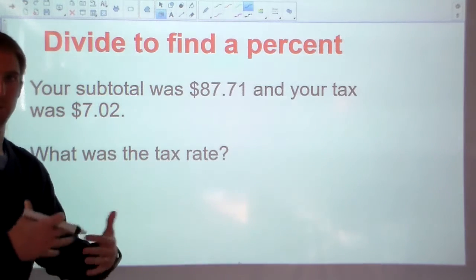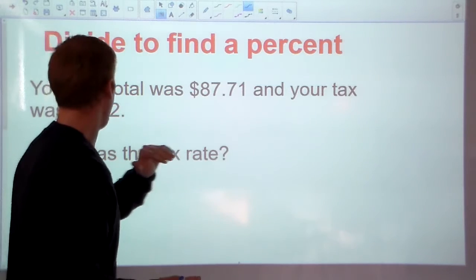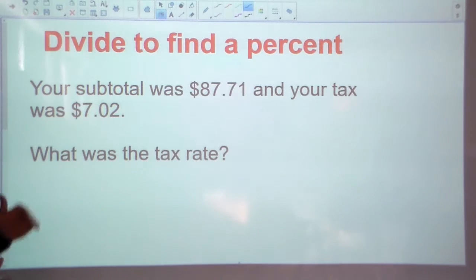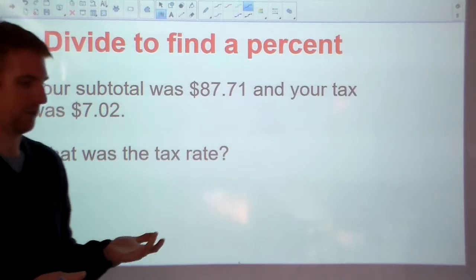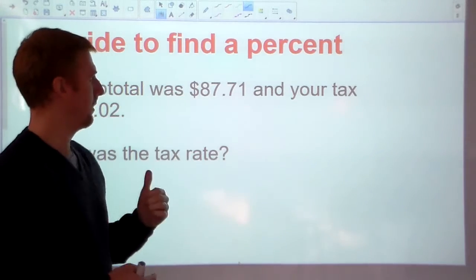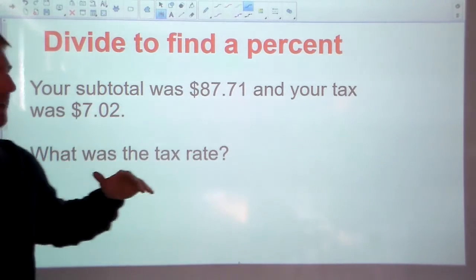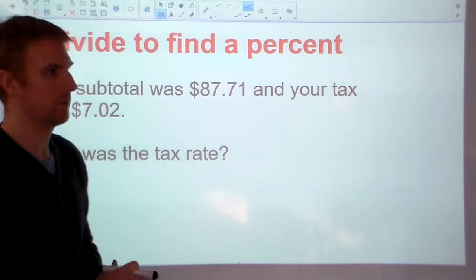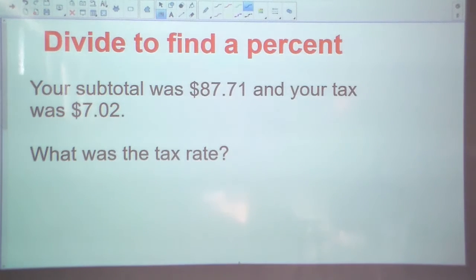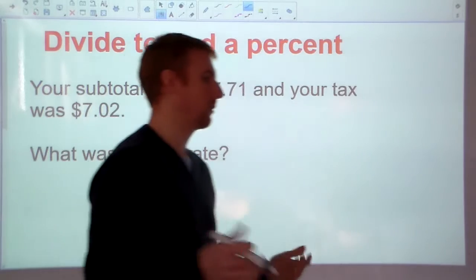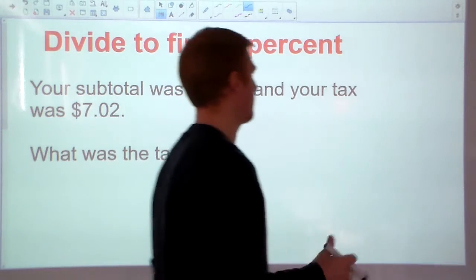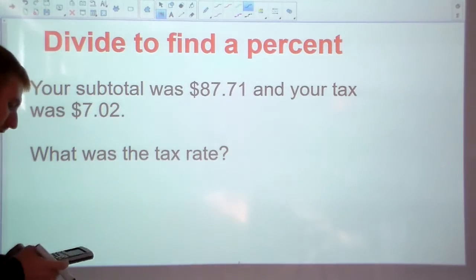That's the total of all your items you bought. Your tax is $7.02. So you see on your receipt, this is what your items cost, and then it says your tax was $7.02, and then at the end it tells what the total bill was. So we'll see what the tax rate is. Maybe you're in a different state somewhere, because all states have different sales tax. Some don't even have sales tax.